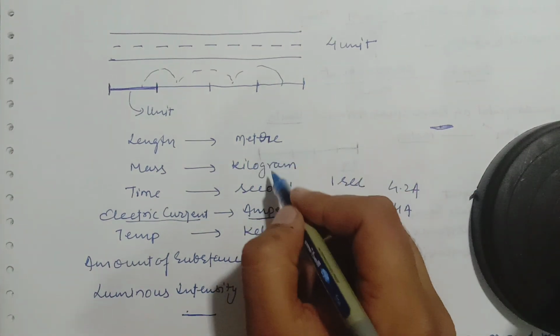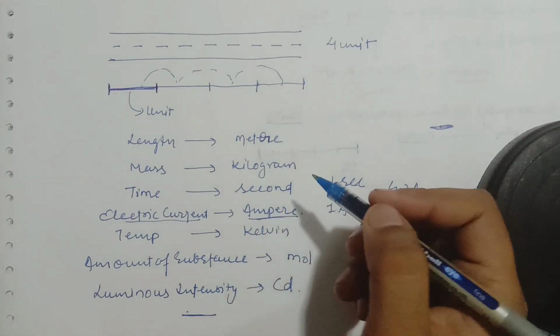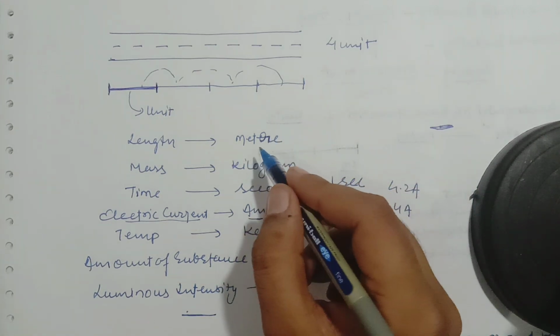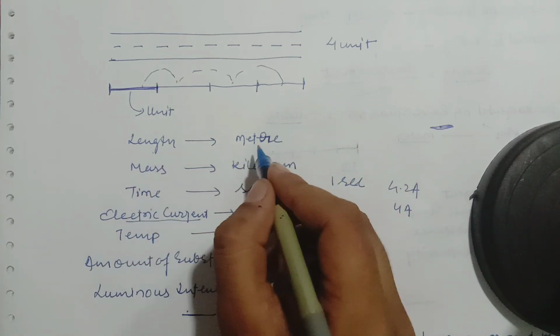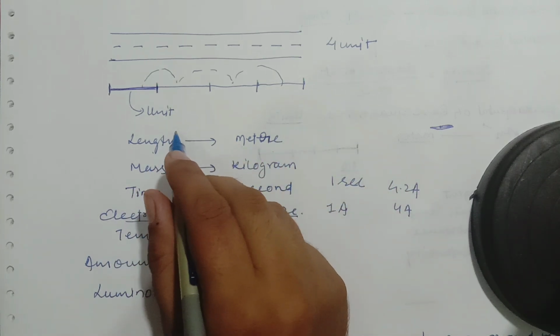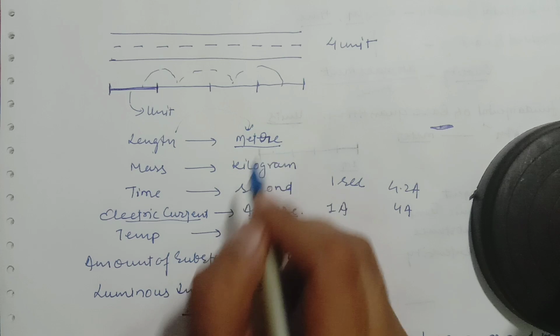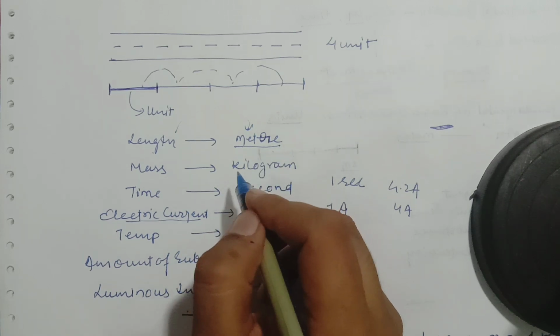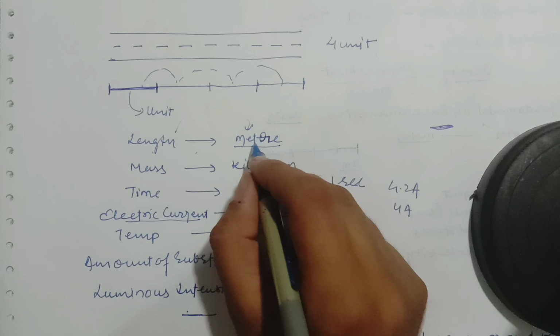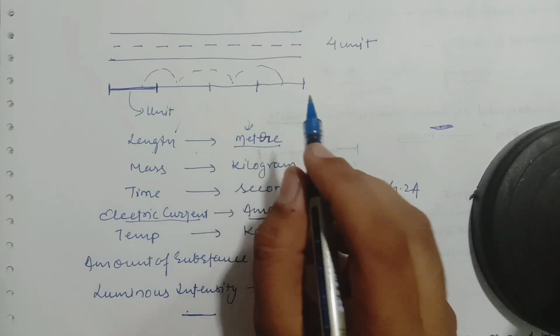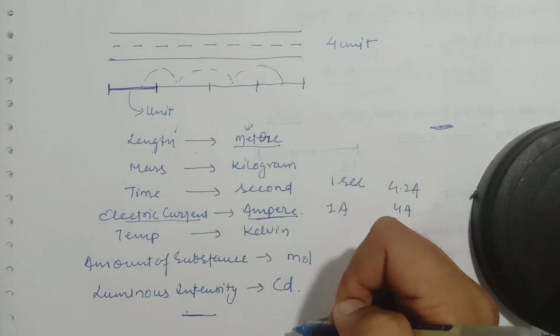How these units are defined is very interesting. Length has a unit known as meter, and who defined what length is covered in 1 meter? So every unit has its definition.